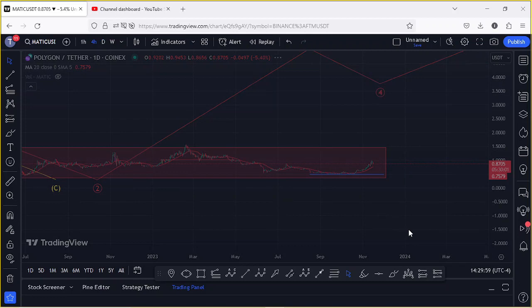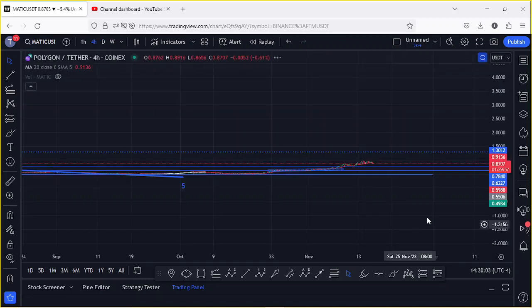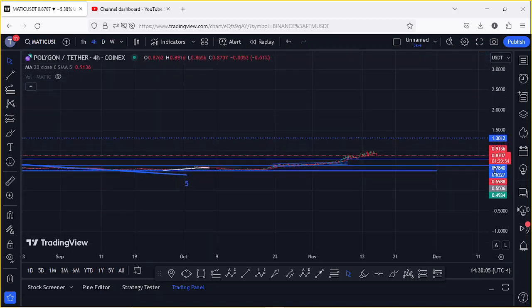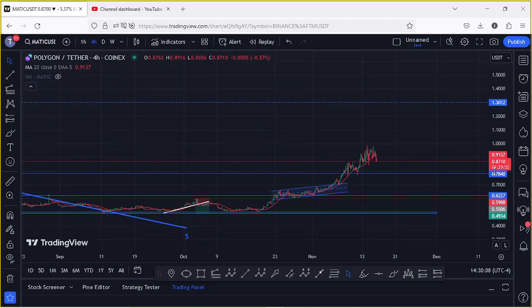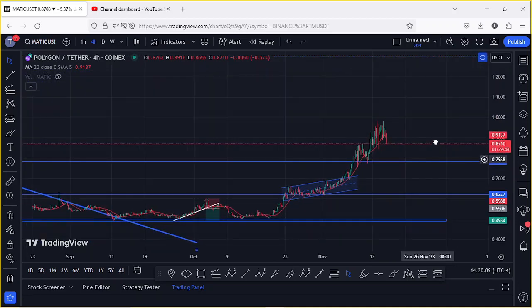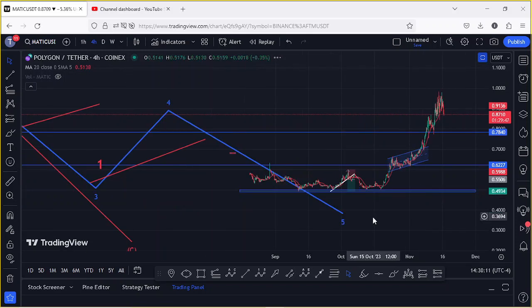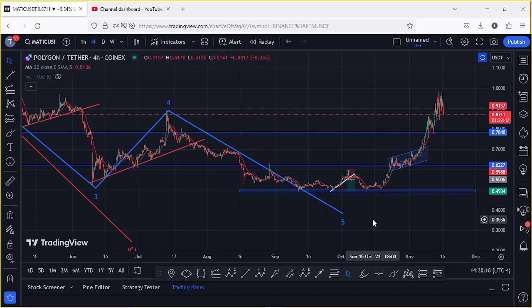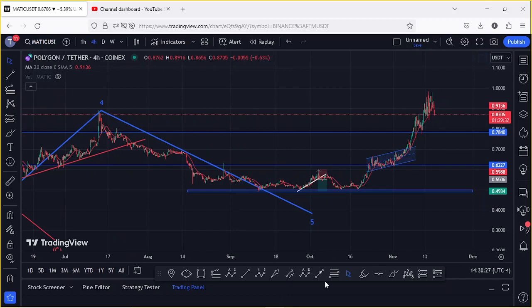Getting back to the 4-hour chart to give you my pullback target areas, which are the areas within which we can expect to see a pullback and another bounce to the upper side. First, a recap of what has been happening in the past few weeks: Matic gave us a low on the 11th of September at around the $0.4957 mark before we started to see a move to the upper side over here, breaking above significant areas of resistance.